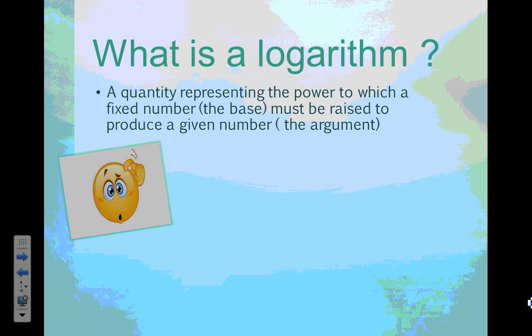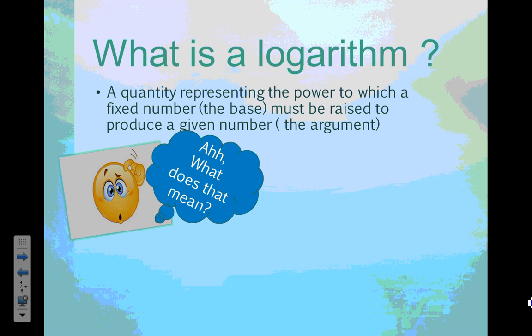You might be asking yourself, okay, think about 6 to the x. You have a number, 6. You're raising it to a power, means you're multiplying it by itself numerous times to get another number, 36, which we call the argument.